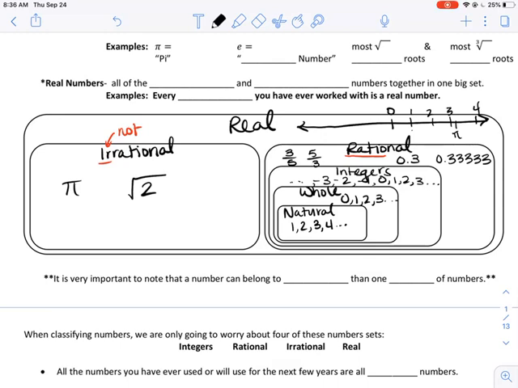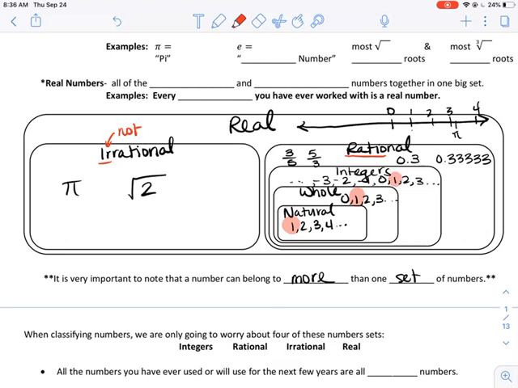It is very important, you can follow along down here at the bottom, to note that a number can belong to more than one set of numbers. So let's take the number 1, for example. 1 is a natural number. It's in the most exclusive club. It also gets all the benefits of being a whole number.